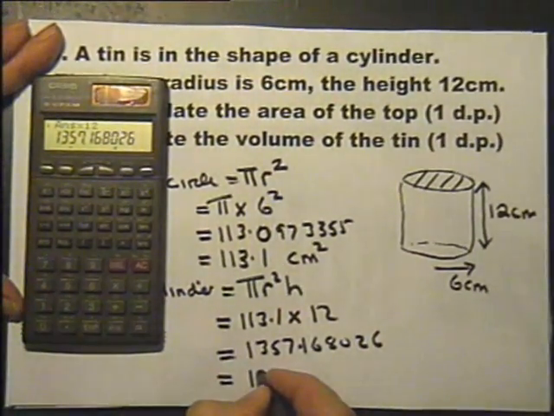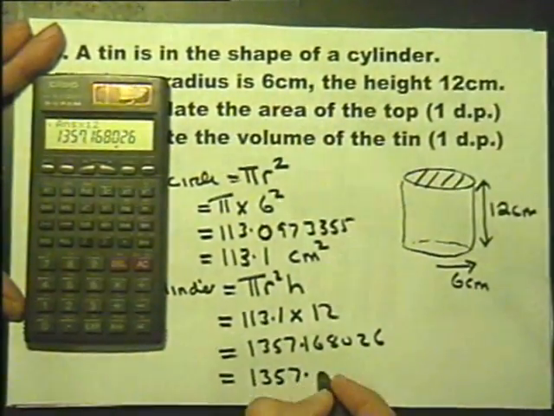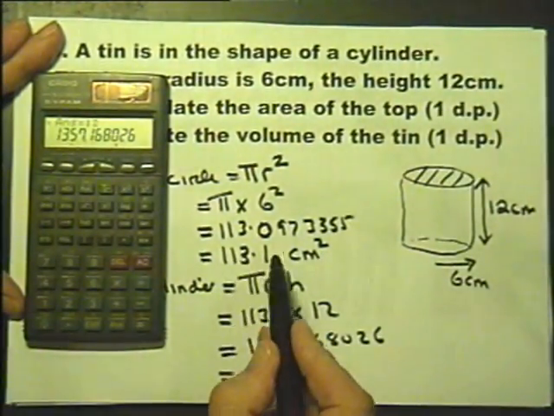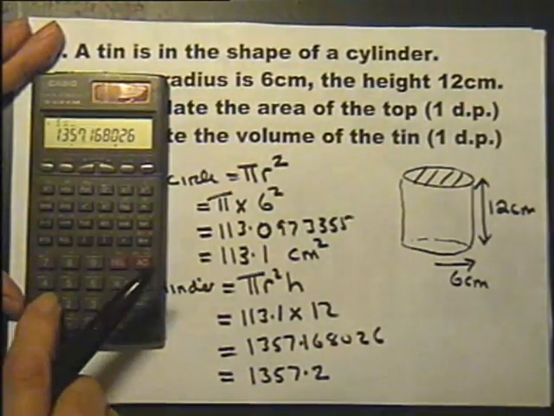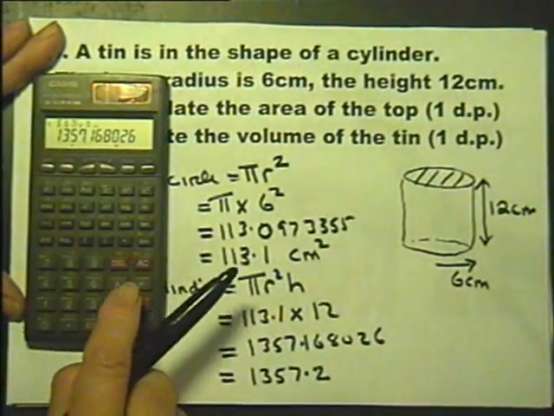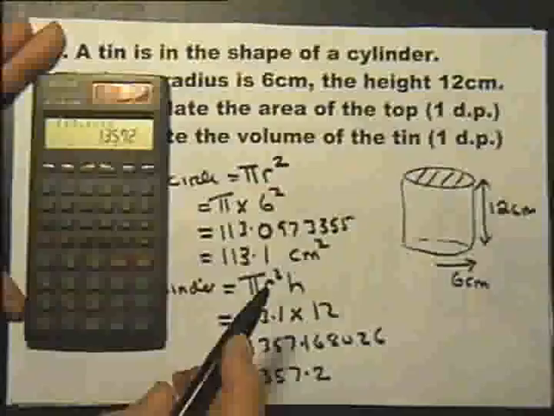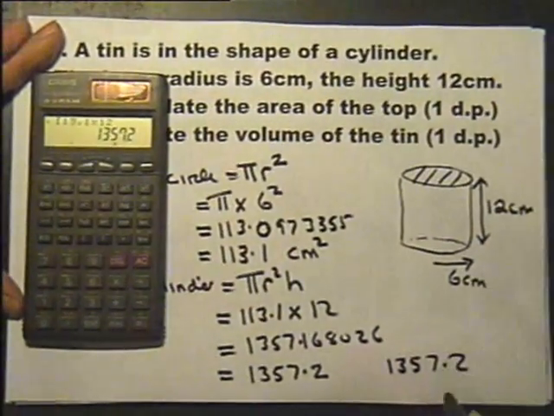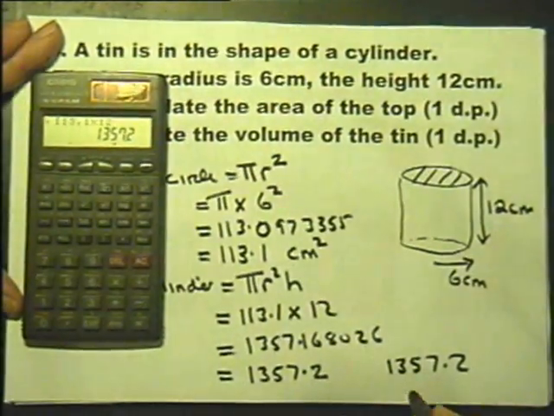1 decimal place again. So that's a 1, knock it up by 2. If you use that, let's see what happens. 113.1 and multiply that by 12. You're going to get this answer, which amazingly is the same, so that's okay.